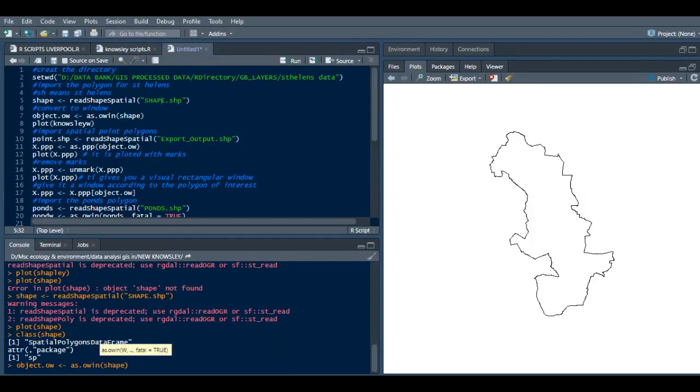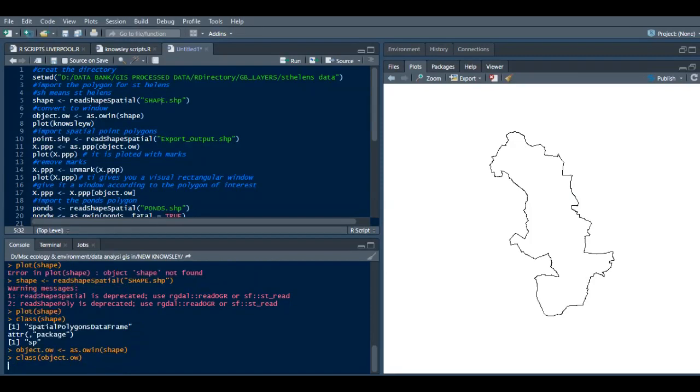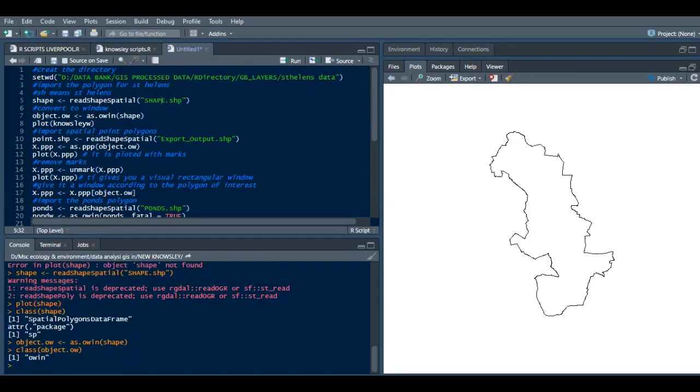Here you don't need to put the extension because R has already stored that object, and therefore it knows its extension by default. So it is already converted. You may want to inspect it again and see whether it is successful. Now it is an owin. So owin means the window in the Spatstat package.